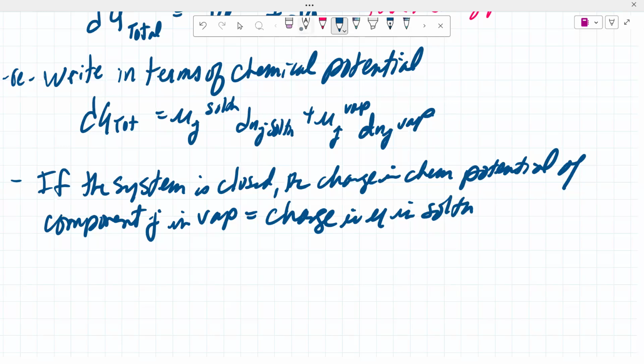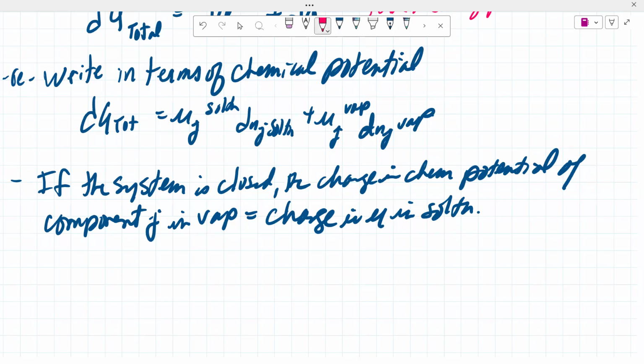So we kind of saw this already when some particles would evaporate, then there would be a chemical potential for the ones that evaporated to go into solution.